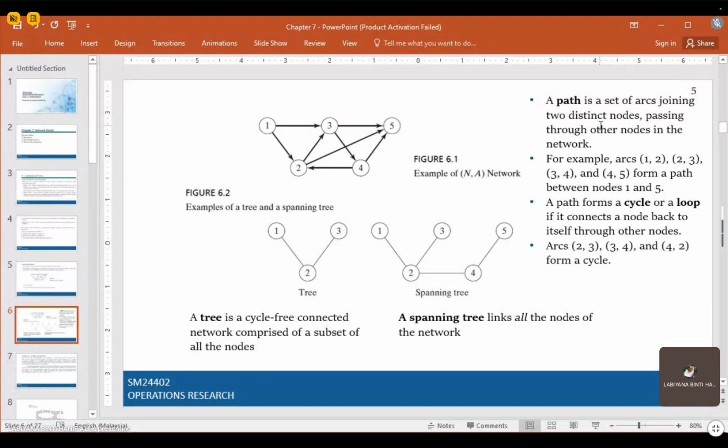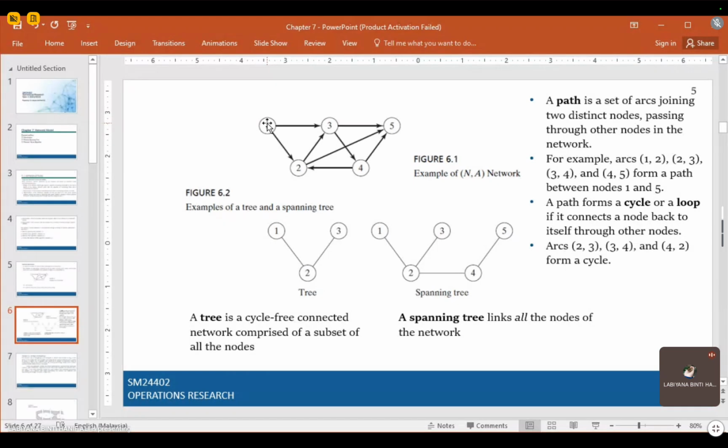A path here is a set of arcs joining two distinct nodes passing through other nodes in the network. For example, the path is arcs (1, 2), (2, 3), (3, 4), and (4, 5), a path between 1 and 5.